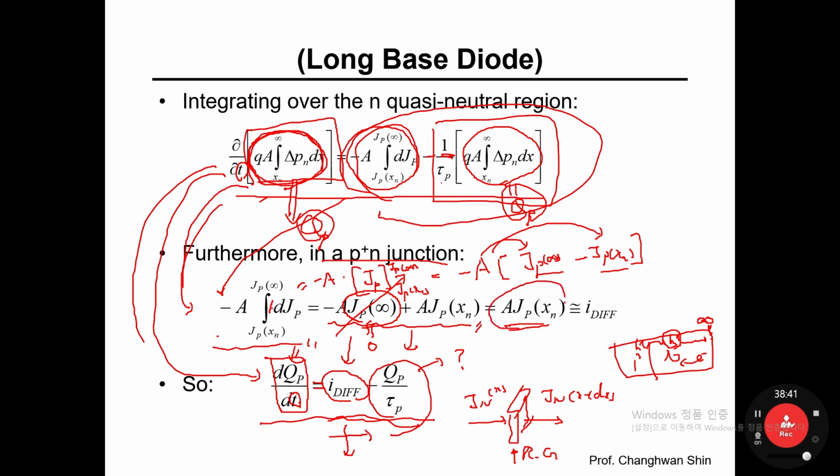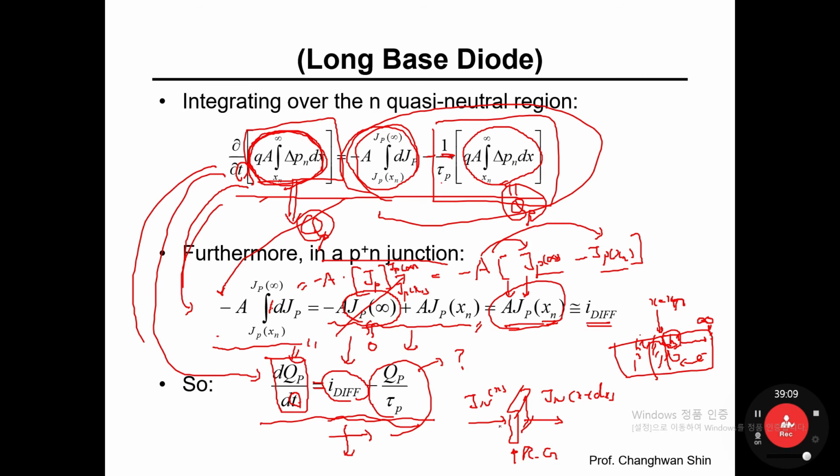Then what about this? Cross-sectional area times the current density by holes at x of xn. I'm talking about this at the edge of the depletion layer, x of xn, how much current is diffusing. So it is a kind of initial value, right? That initial value has been denoted as I diffusion.